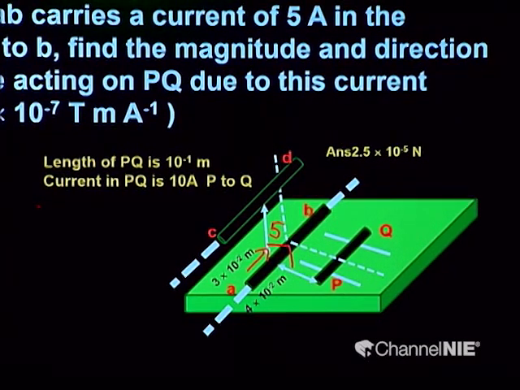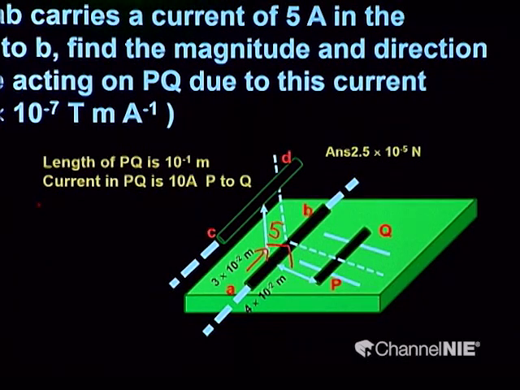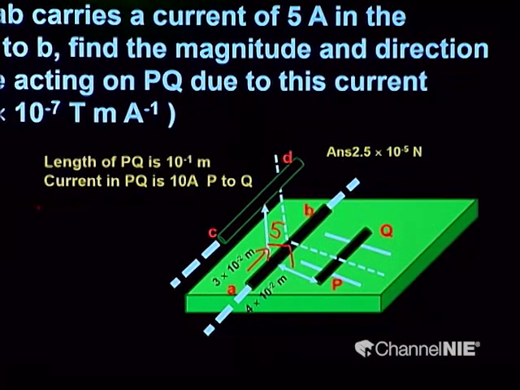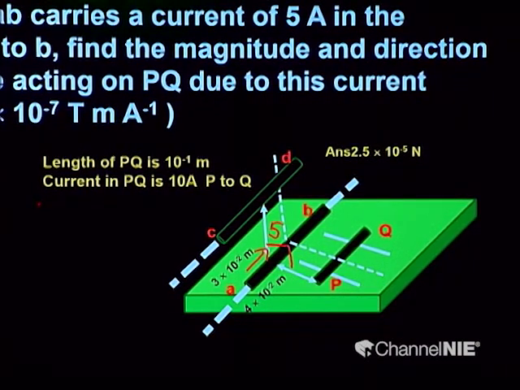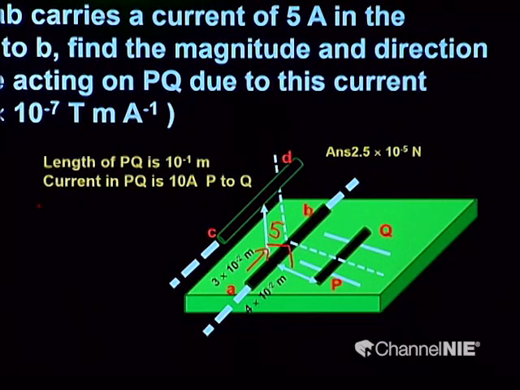So, normally when the current passes through the conductor AB, there is a magnetic field set up around AB.